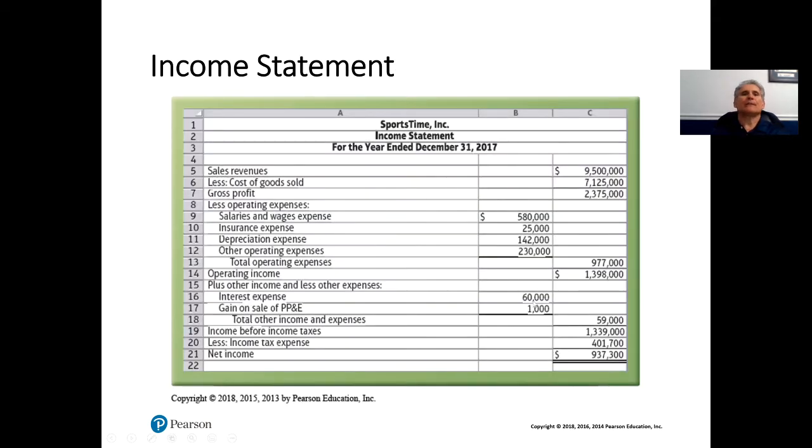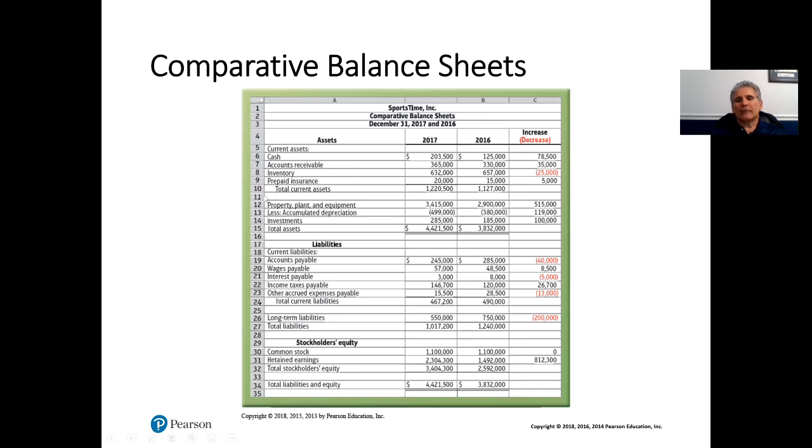Here's the income statement. This is for Sports Time Incorporated. For the year ended December 31st, 2017, their net income was $937,300. Comparative balance sheets means that since we're preparing a statement of cash flows for the period ending December 31st, 2017, we need the balance sheet as of December 31st, 2017, which is in this column here.